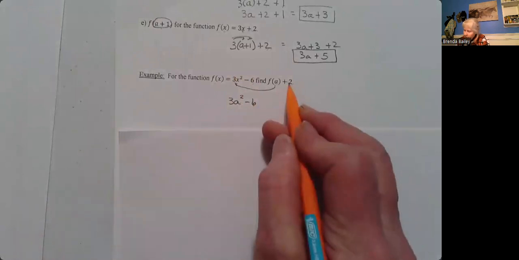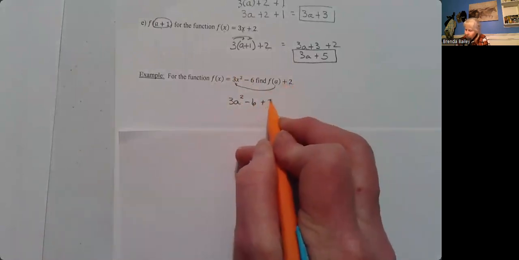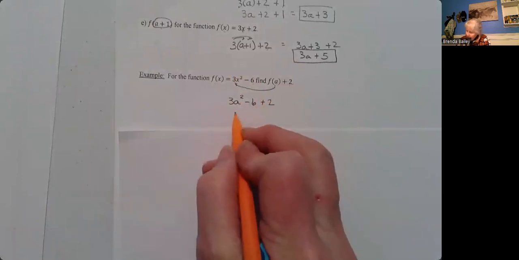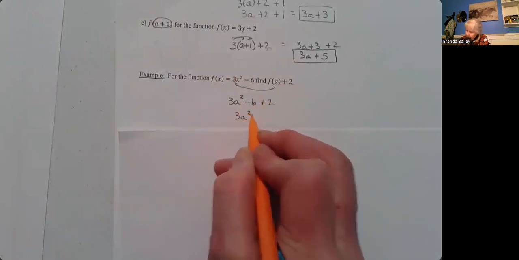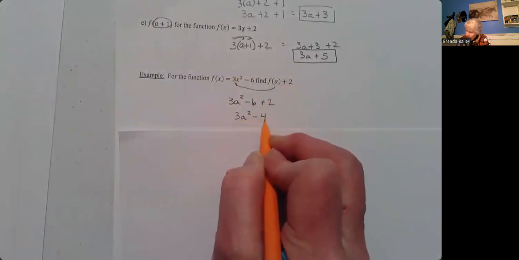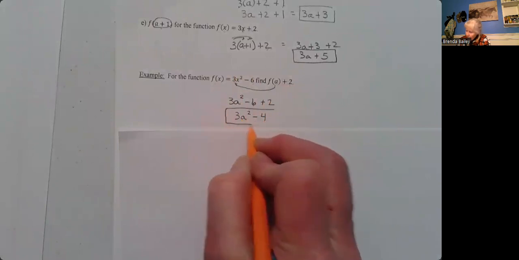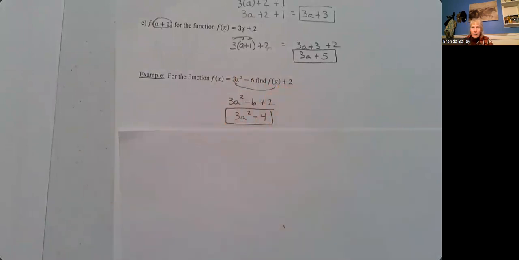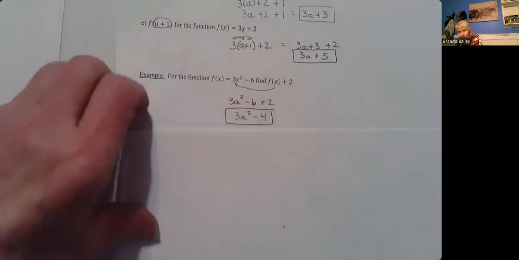And then I'm going to add 2. And we clean it up by combining like terms. And that's what your f of a plus 2 is equal to. That right there. It's a little different, but I think you guys will be fine.